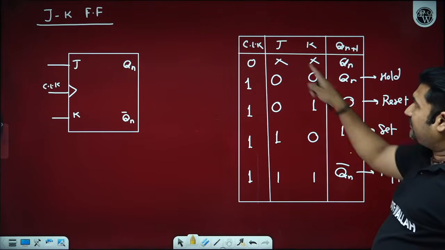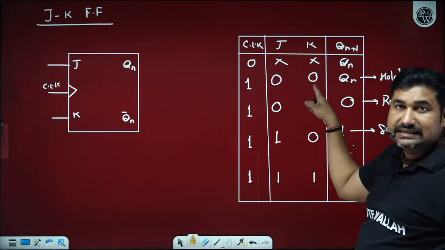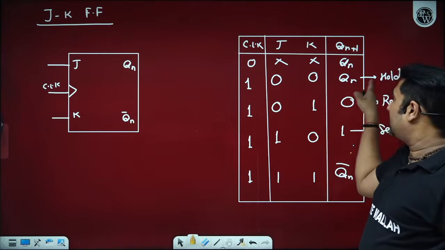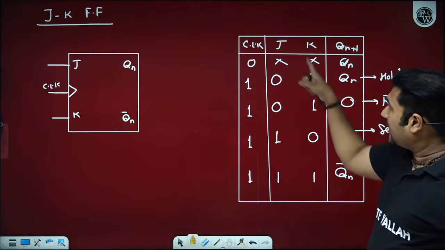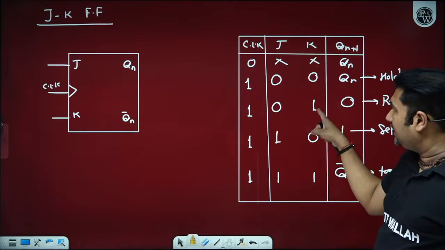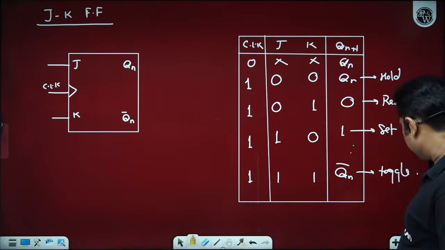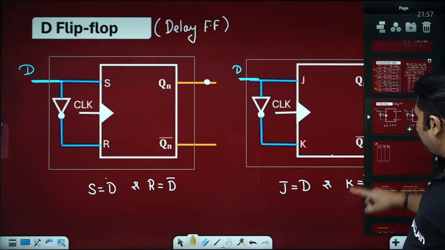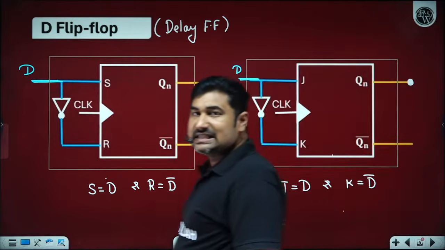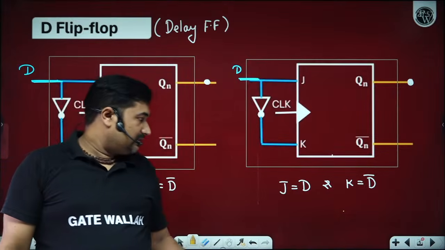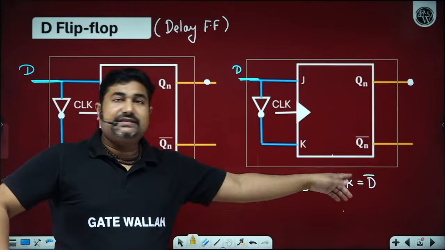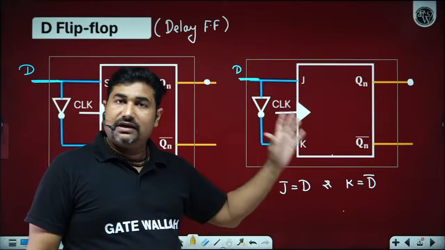What happens if J equals 0 and K equals 0? We get hold. What happens if J equals 0 and K equals 1? We get reset. Now please observe here: J is D and K is D bar. Then the flip-flop is called a D flip-flop.